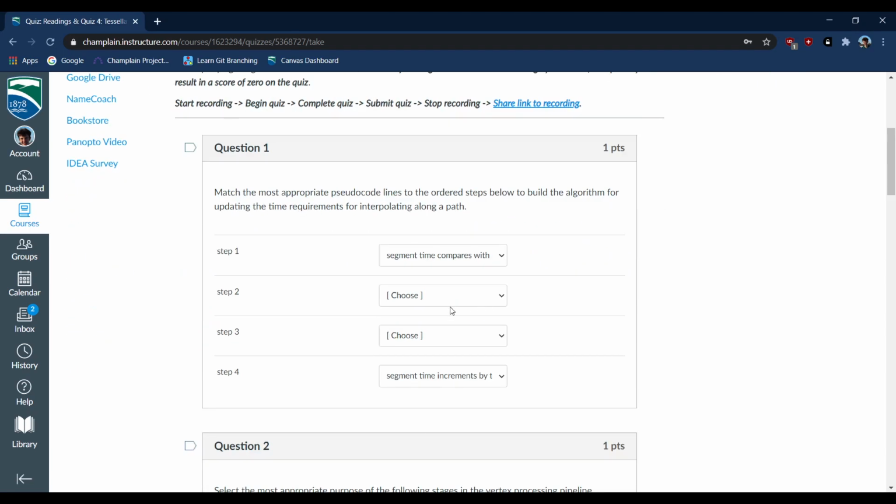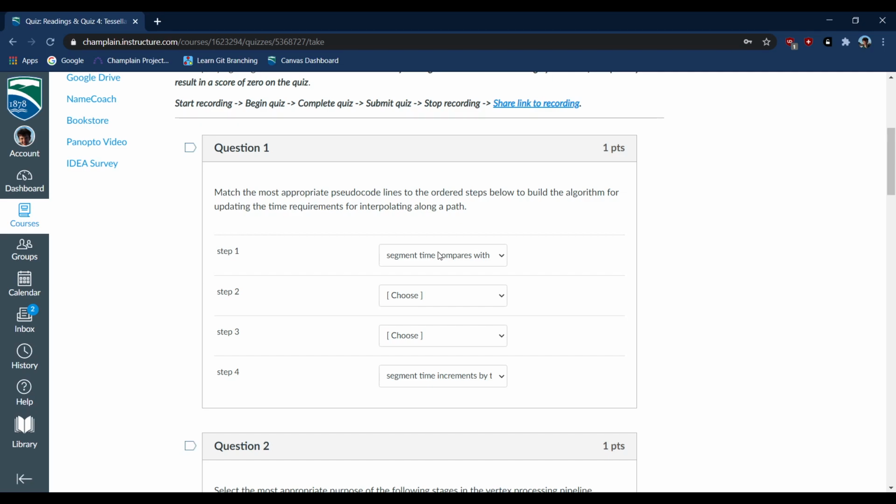I'm trying to think if I'm thinking about this the wrong way. Segment time definitely doesn't go down. Segment parameter equals.